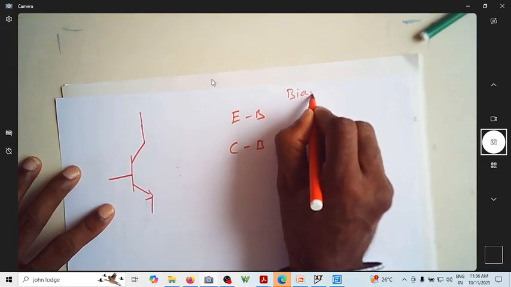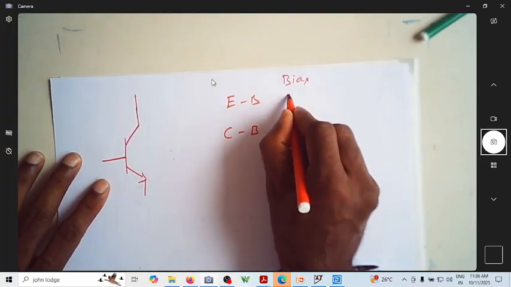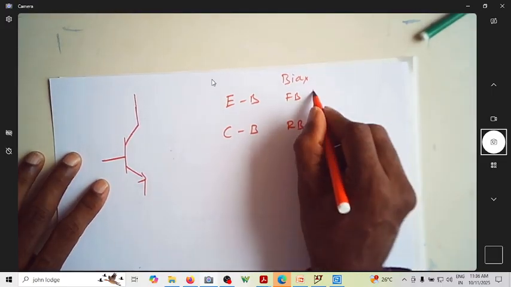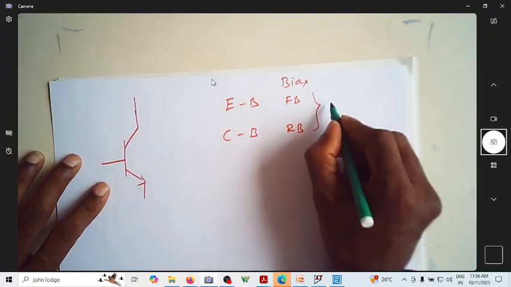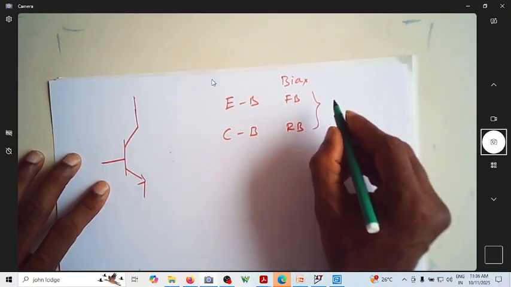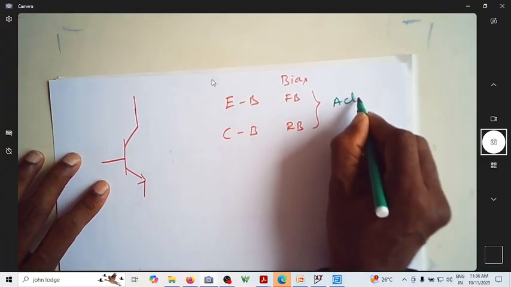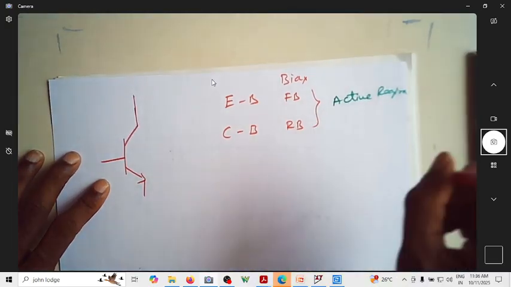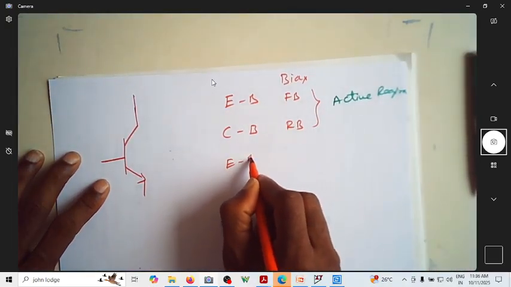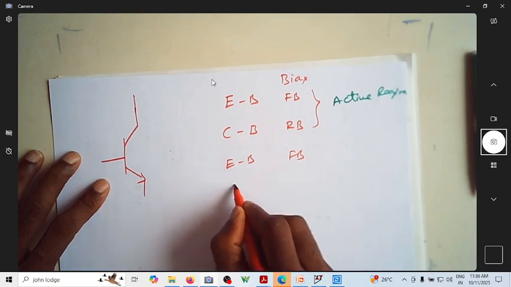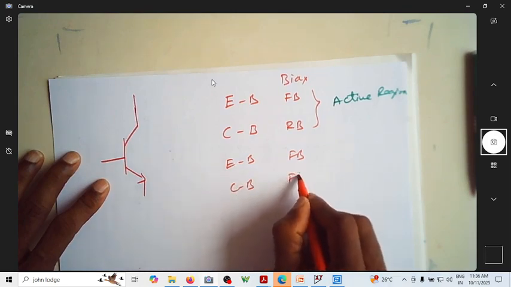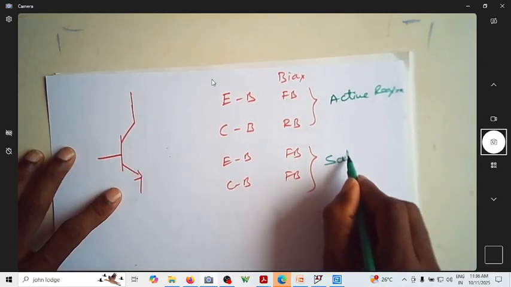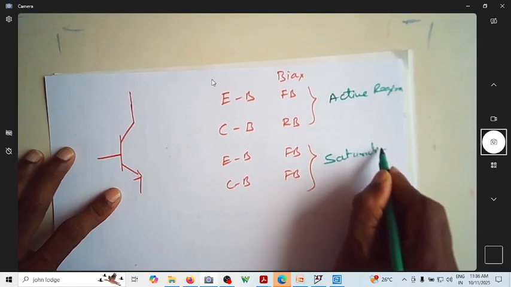If the emitter base junction is forward biased and the collector base junction is reverse biased, this is called the active region. If the emitter base junction is forward biased and the collector base junction is also forward biased, then we say this is the saturation region.